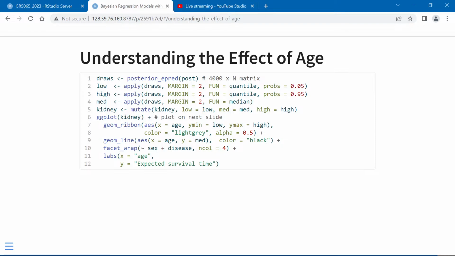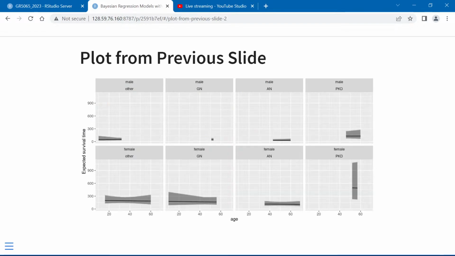We can get the lower 5% quantile and the upper 95% quantile, columnize those along with the median, combine those into the data set and make a plot that you see on the next slide, which has different facets for male and female and for the 4 types of kidney disease being studied here.